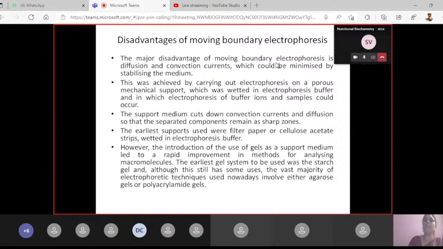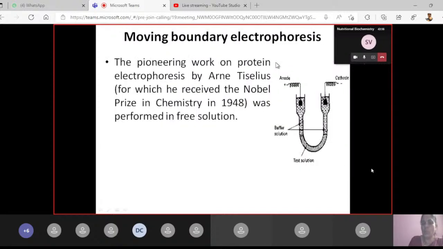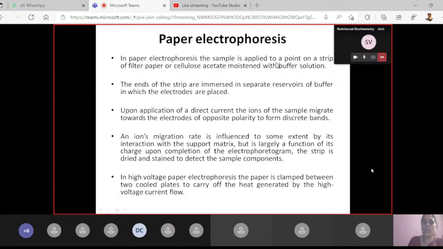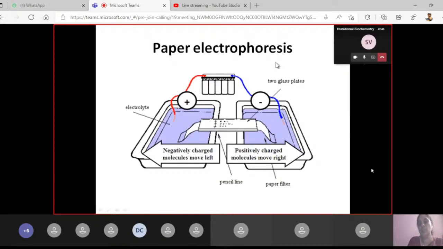Then they came up with starch, and then the gels, where they used agarose and polyacrylamide gels, so that the advantage is the sample loaded is more stable, does not diffuse, and convection currents cannot disturb it. This is how the technique was invented, starting from moving boundary electrophoresis, but later it was paper electrophoresis and gel electrophoresis which are followed routinely.